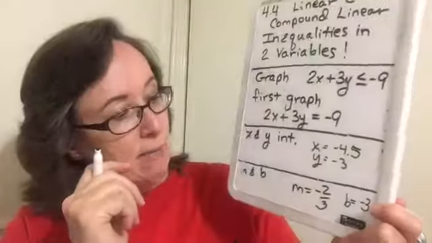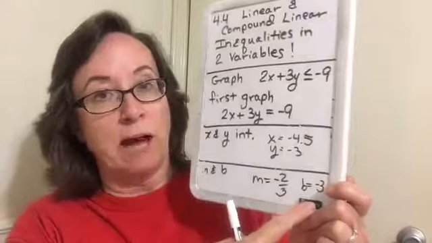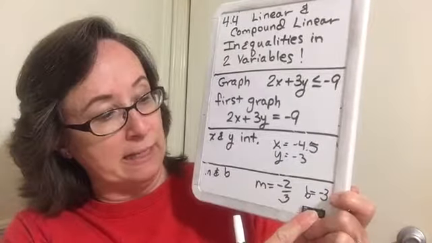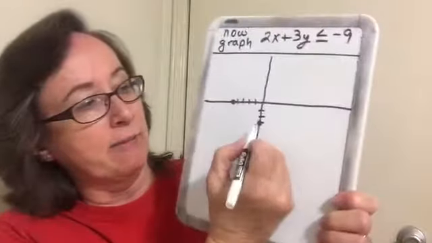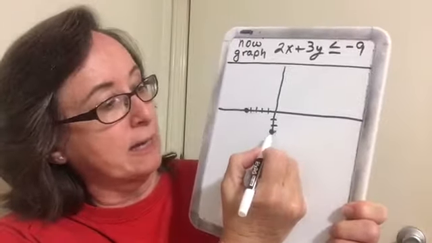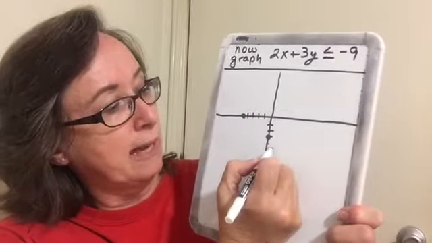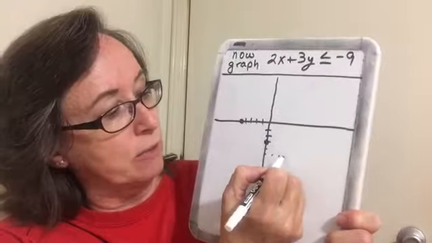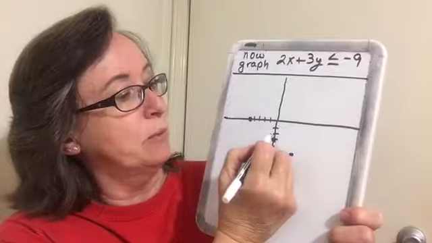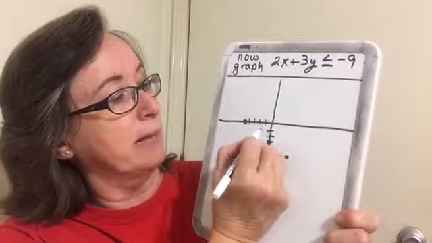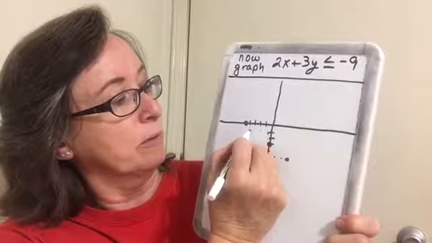Okay, now if I start at a y-intercept of negative 3, and then I go down 2 and over 3, guess what happens? I start at negative 3, and I go down 2 and over 3, 1, 2, 3, or up 2 and back 3, 1, 2, 3.